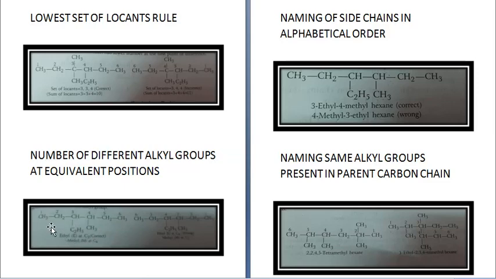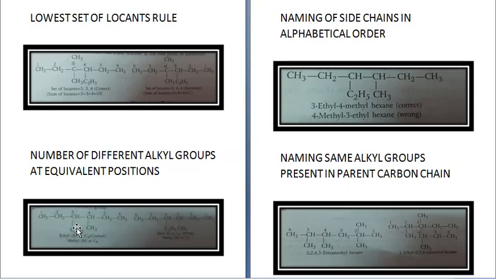So in this case numbering will be done from this side because E comes before M in alphabetical order. Alright, so this is the thing. This one is wrong. Numbering cannot be done from this side because E comes before M.